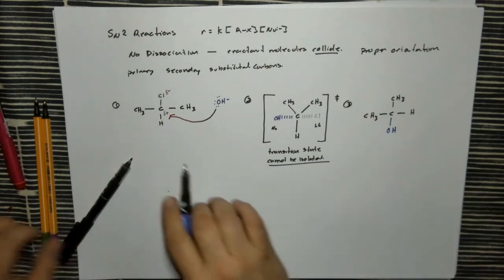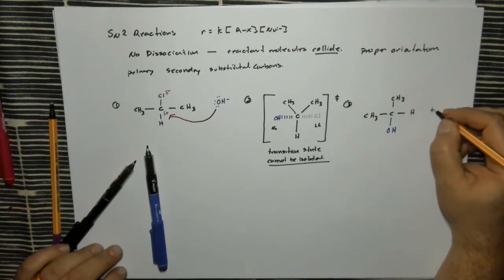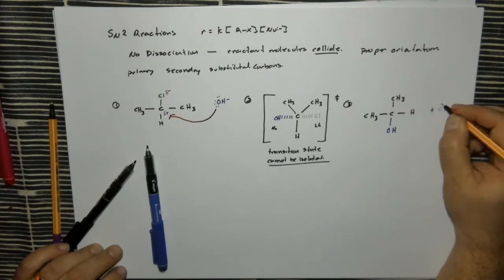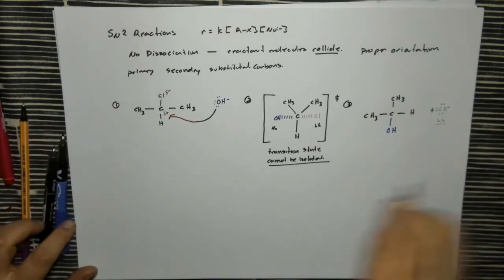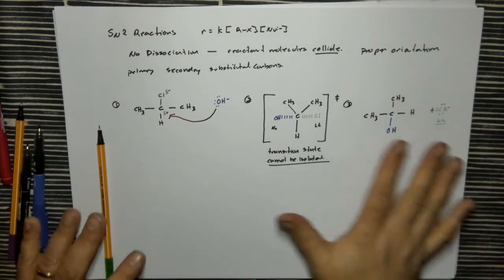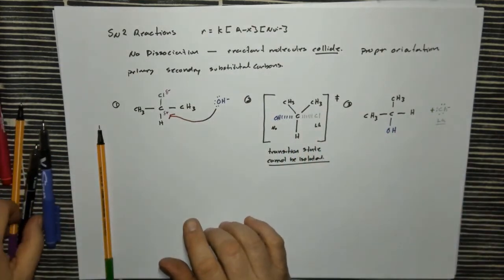And so the reaction is over. And you get the secondary product then, which is Cl minus, which is the leaving group. And this is sort of the mechanism for an SN2 reaction.